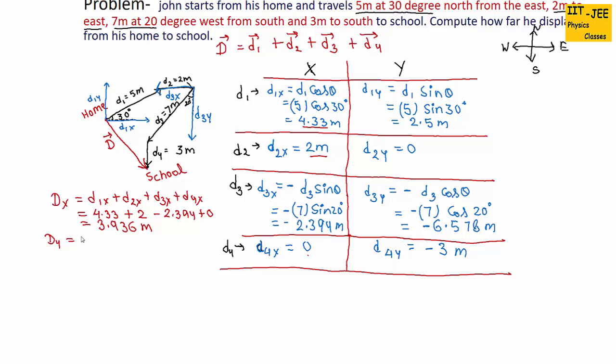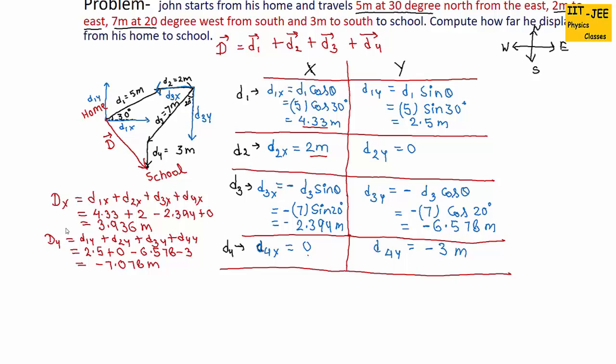Same way we can find the y component of resultant vector D, which is Dy. So Dy would equal D1y plus D2y plus D3y plus D4y. Keep in mind we have to add all the values with sign. If it has minus sign, then we have to subtract that value. So it would be like this: 2.5 plus 0 minus 6.578 minus 3. This will give us minus 7.078 meters.